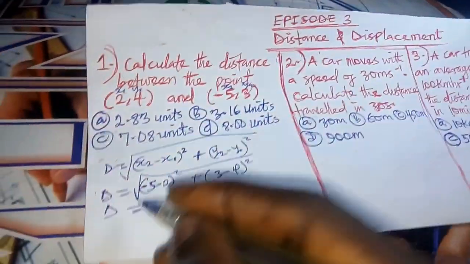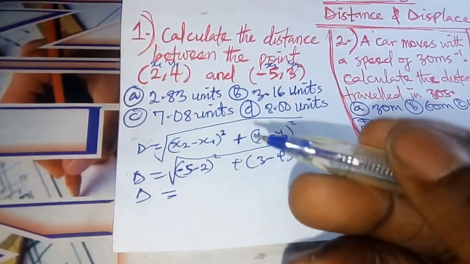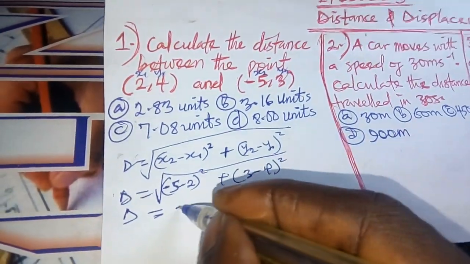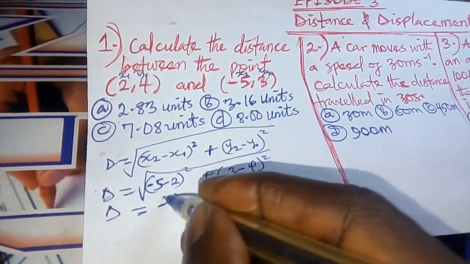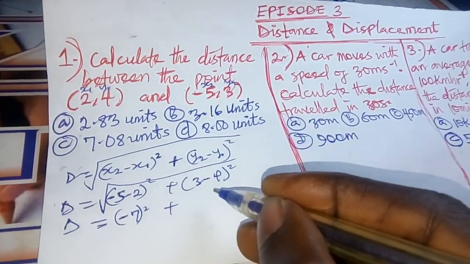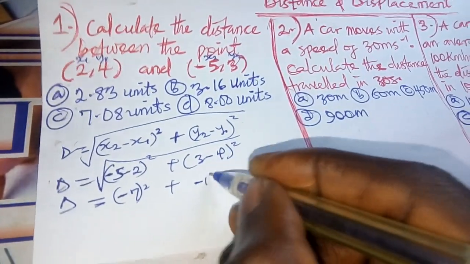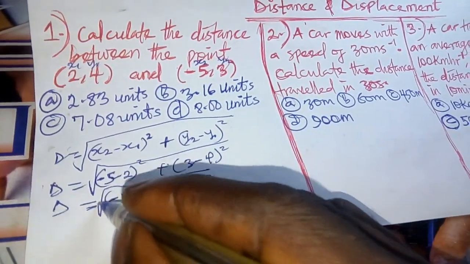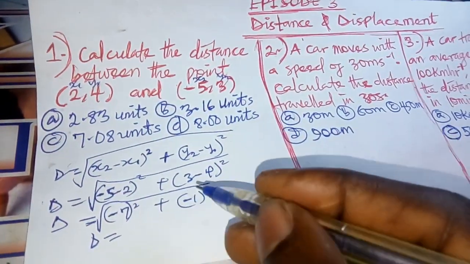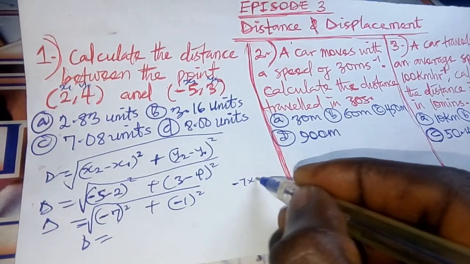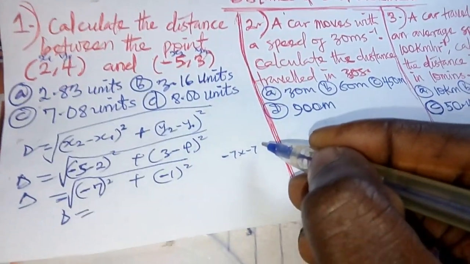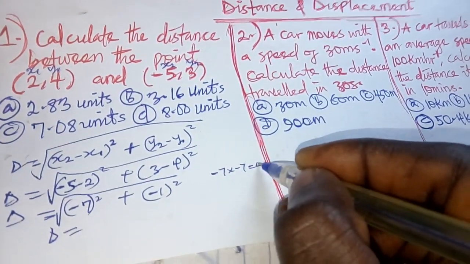And of course we're going to have -5 minus 2 is -7, squared, plus 3 minus 4 is -1, squared. -7 squared is -7 times -7. Minus times minus is plus, and 7 times 7 is 49.